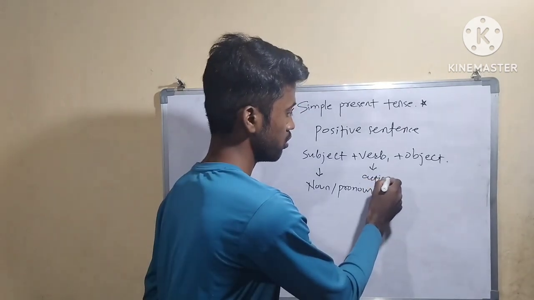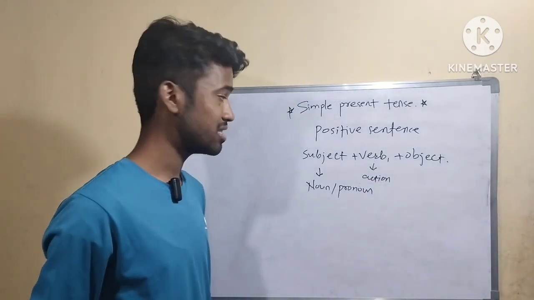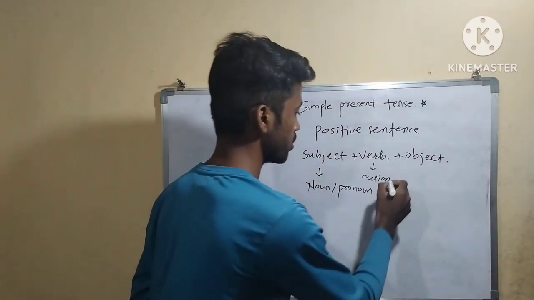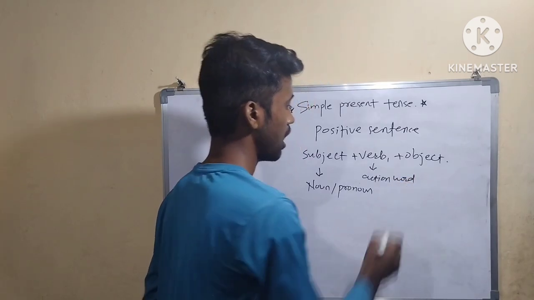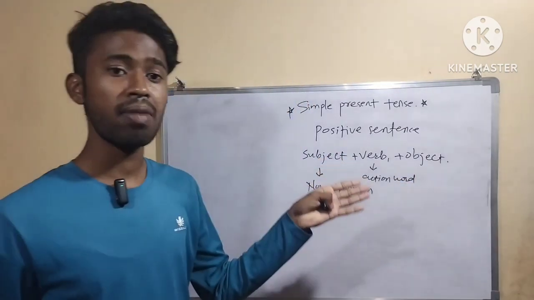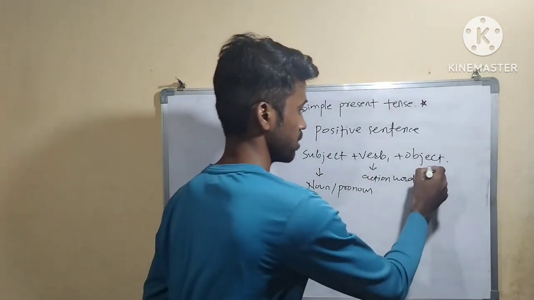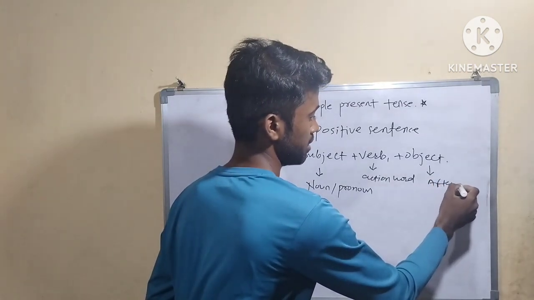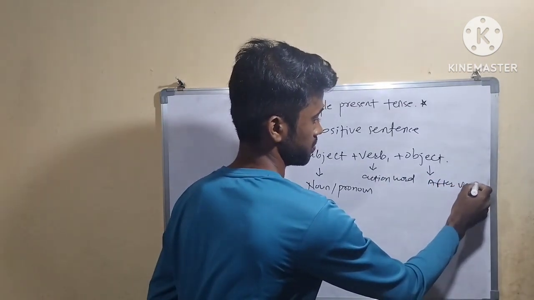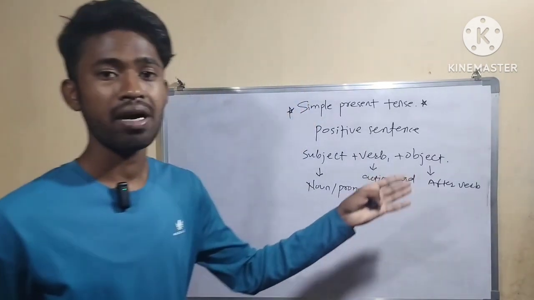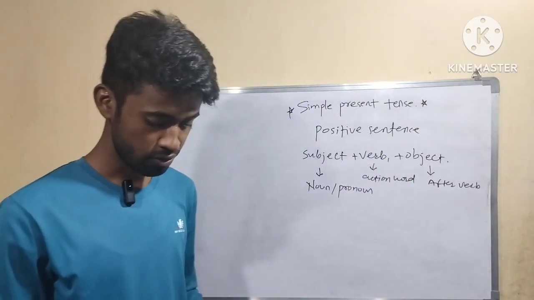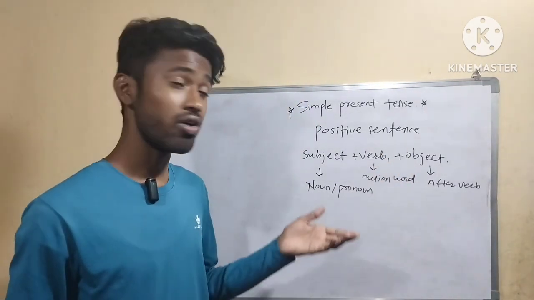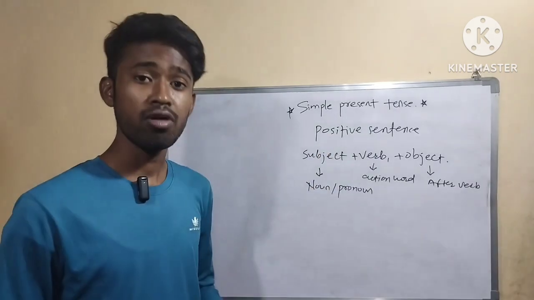The word which denotes or refers to an action, that is verb, action word. And after verb, whatever part comes, that is object. So up to now you understood what is the structure of a simple present tense in positive sentence.